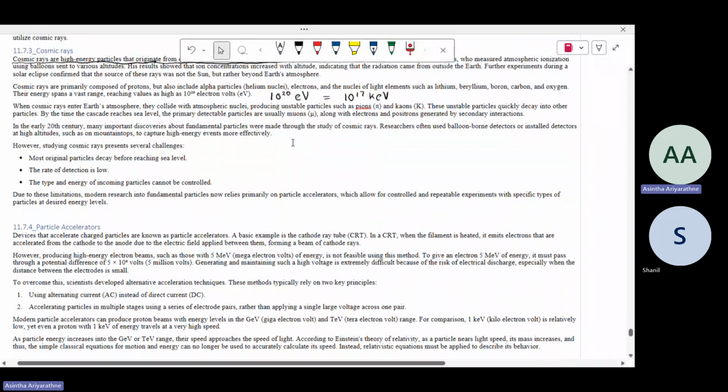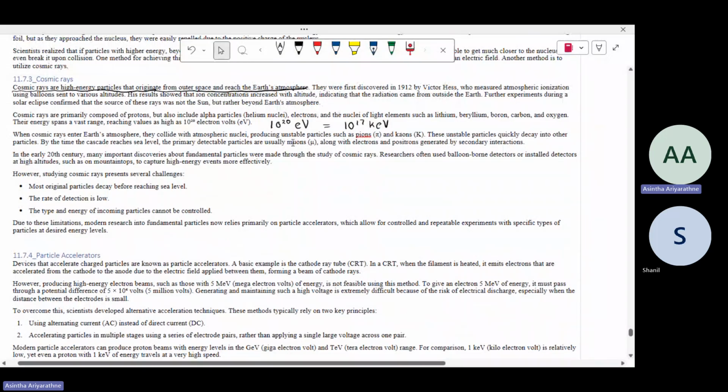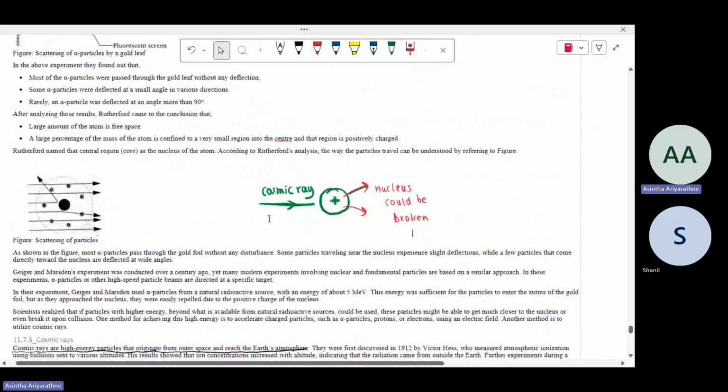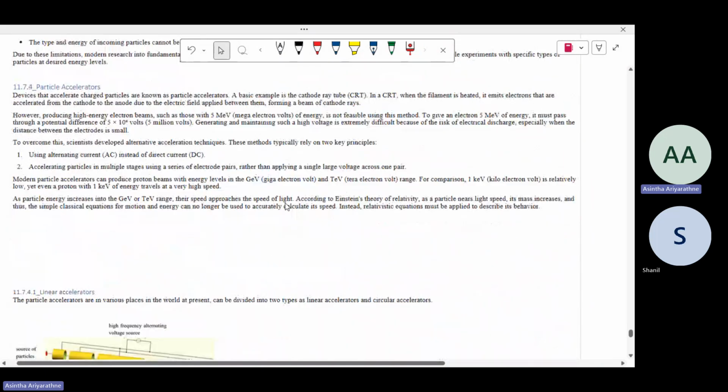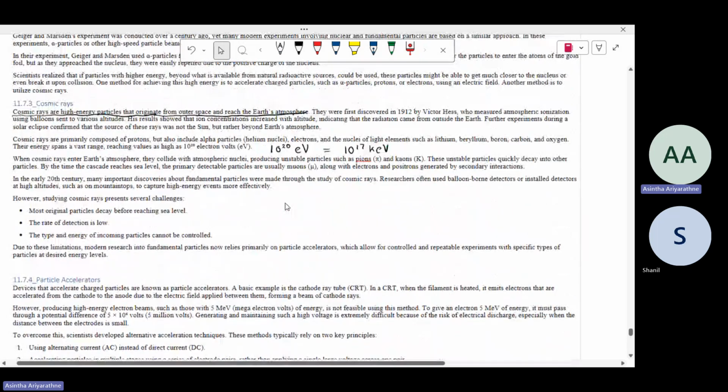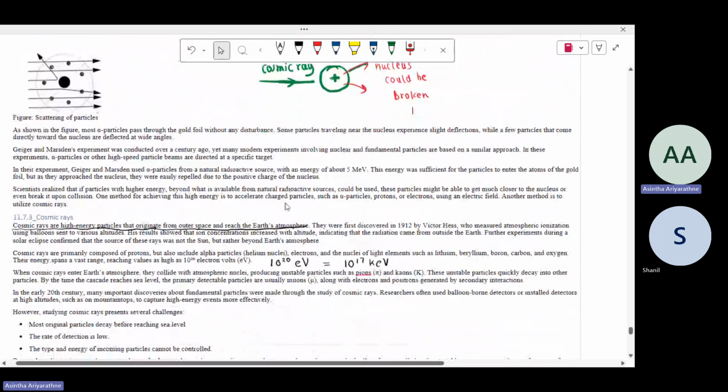To get this much high energy, to produce cosmic rays, is not an easy task. We need a particle accelerator. To produce cosmic-ray-level energy, we have to produce a particle with around 10 to the power 17 kilo electron volt of energy.